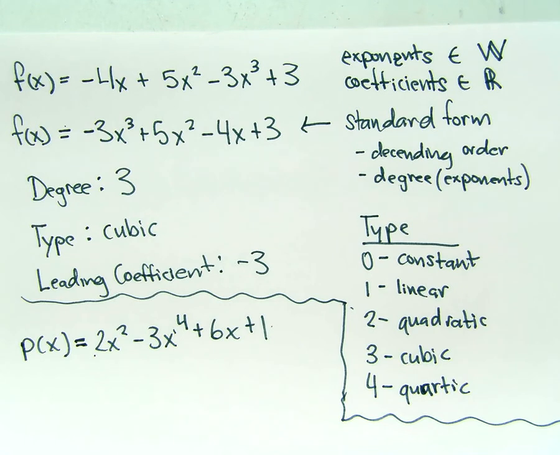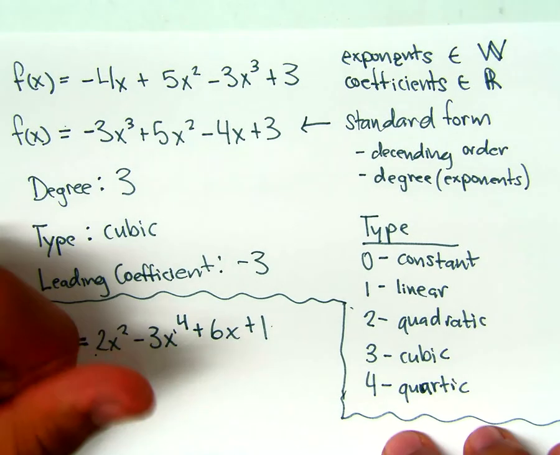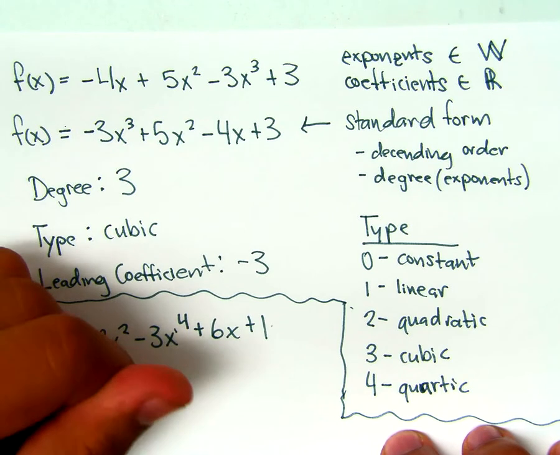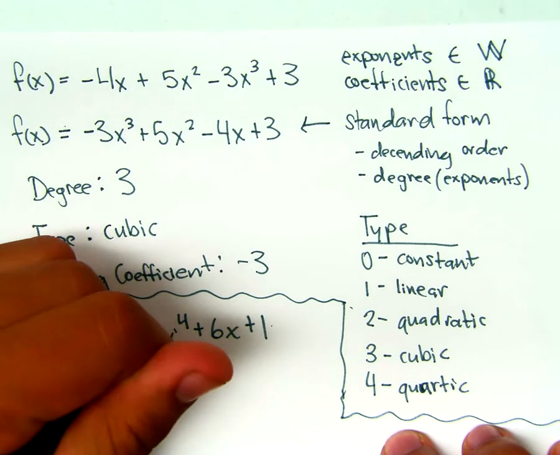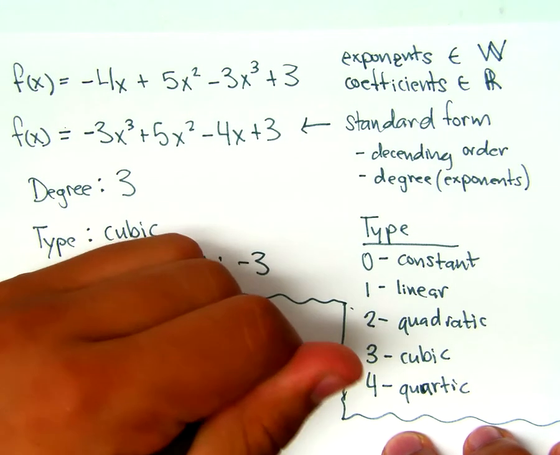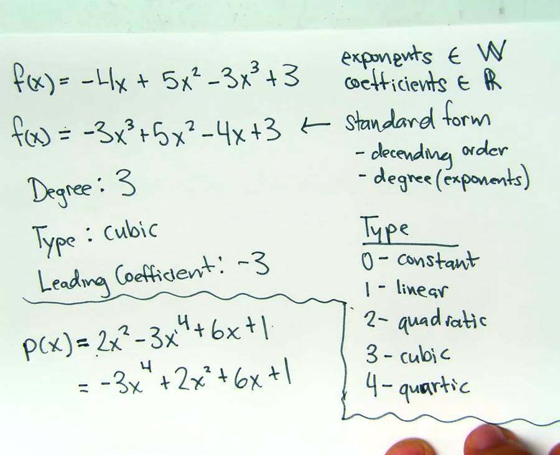All I want you to do right now is write it in standard form. Okay, so we should get negative 3x to the 4th plus 2x squared plus 6x plus 1. Okay, this is standard form.